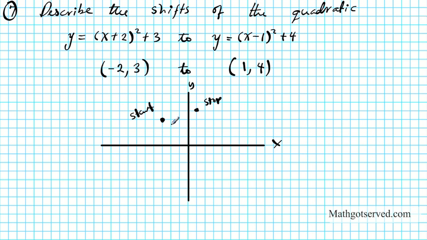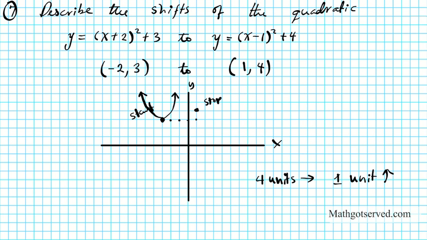How do you go from here? Well, you have to go 1, 2, 3, 4. You have to go 4 units to the right. And then you have to go up how many units? 1 unit up. Okay? So we have a quadratic function right here.